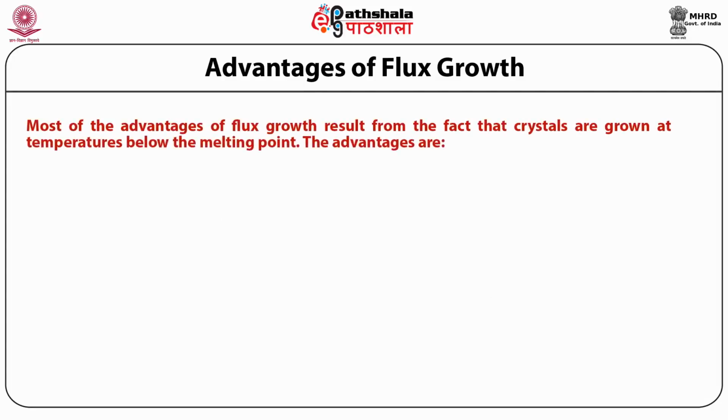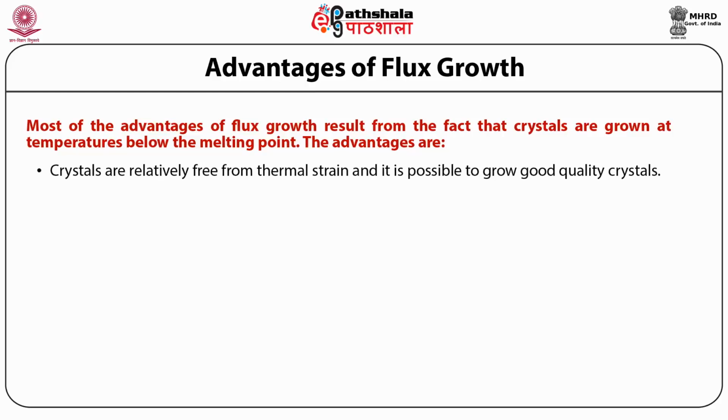Advantages of flux growth. Most of the advantages of flux growth result from the fact that crystals are grown at temperatures below the melting point. The advantages are: number one, crystals are relatively free from thermal strain, and it is possible to grow good quality crystals.